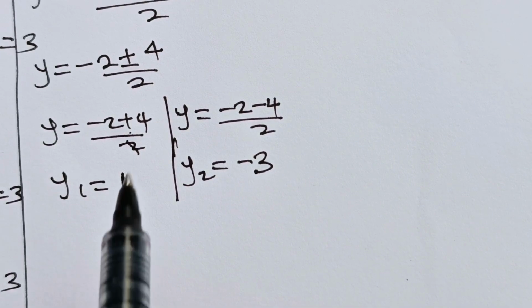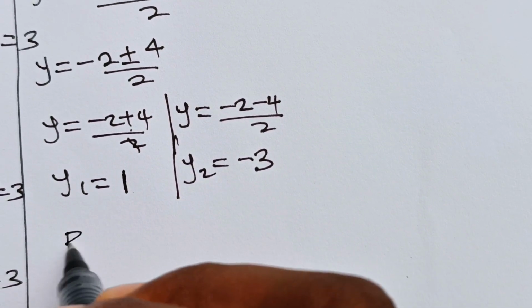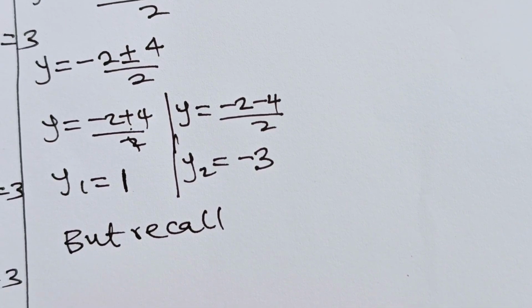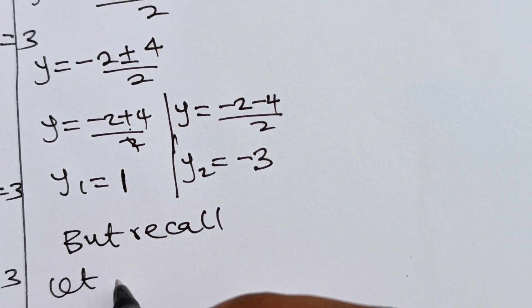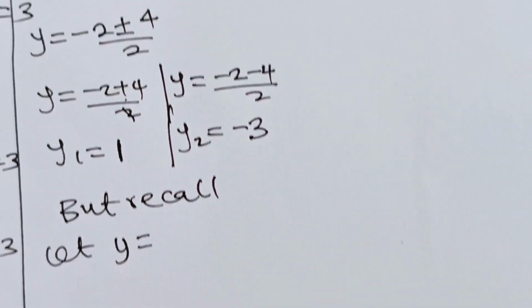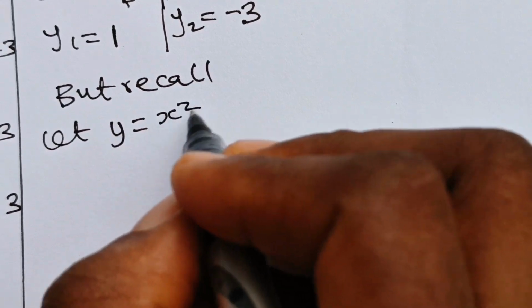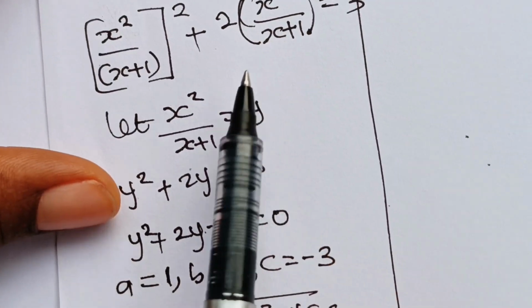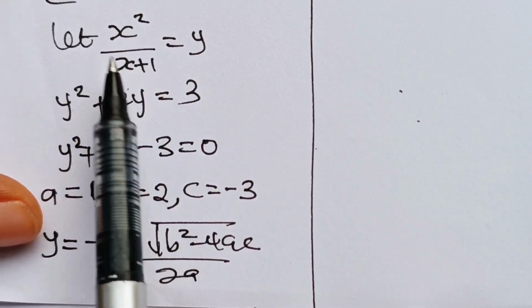All right, now we have two values of y, but I want you to recall where we said let y be equal to x squared divided by x plus 1. This place here. Okay, here.